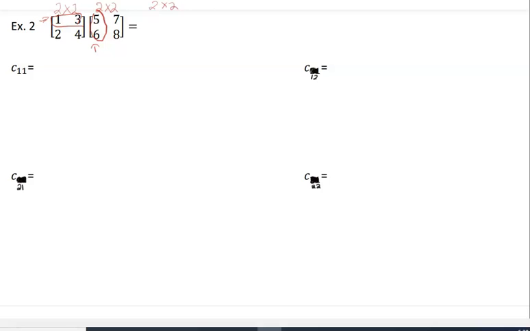So we have 1 times 5, those are the first elements, and 3 times 6. 1 times 5 is 5. 3 times 6 is 18. And then we add them together and we get 23.